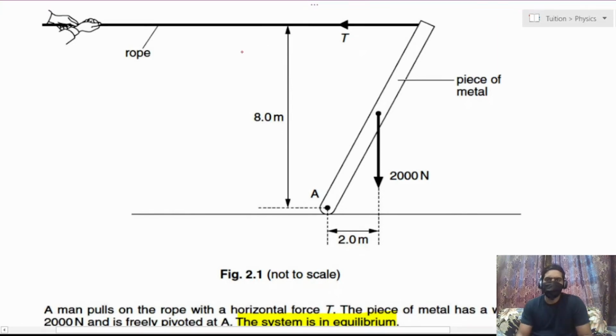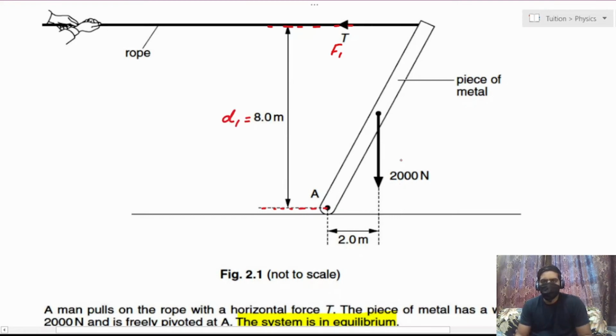So let's call this one F1, and the perpendicular distance between that force and the pivot, this one, is 8. You can call it D1. All right, let's write D1 equals 8.